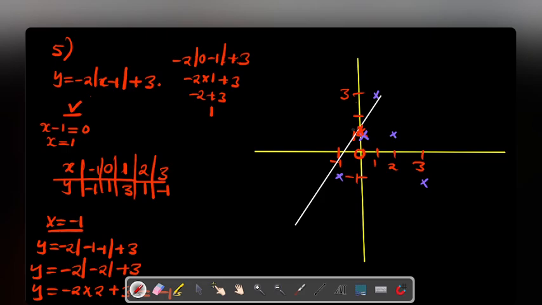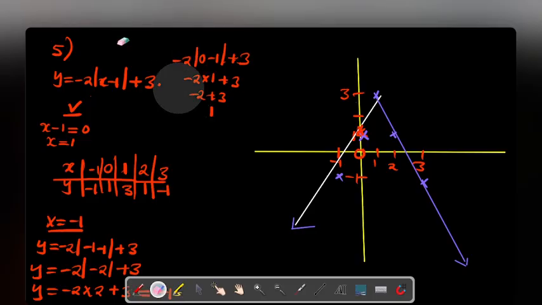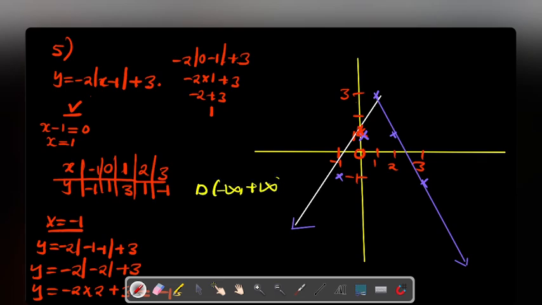So now let's continue with our graph. Our graph will go like this. So that's how our graph will look. If they ask for the domain and the range, we'll say the domain of this function is negative infinity to positive infinity.